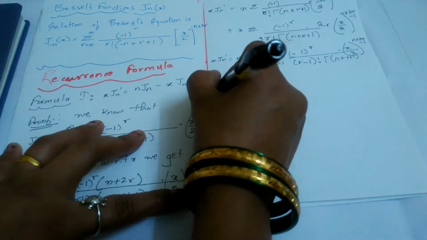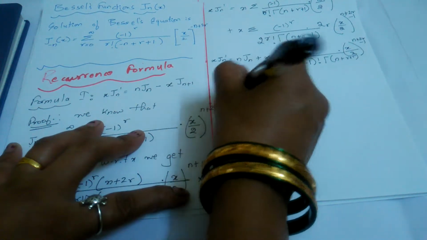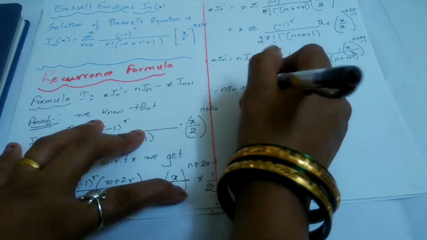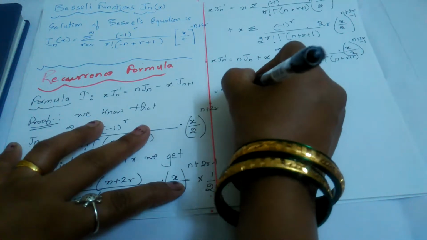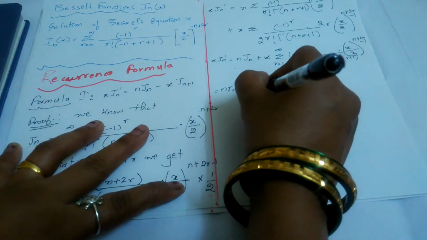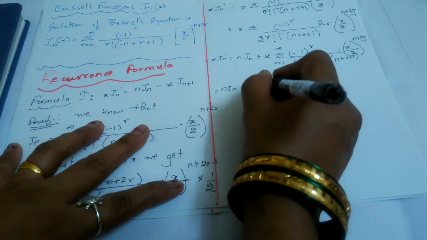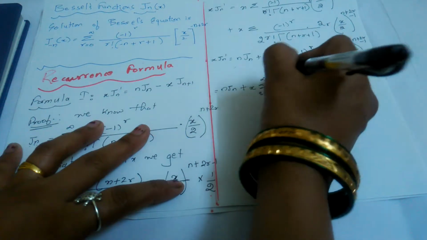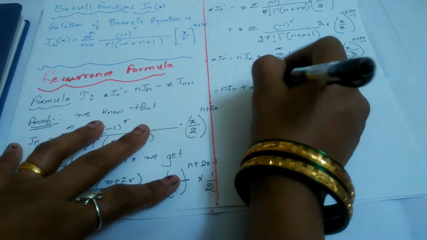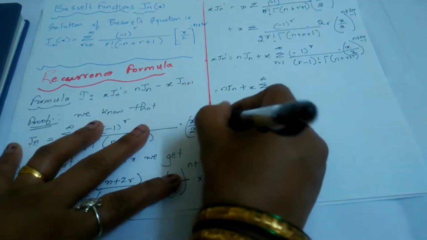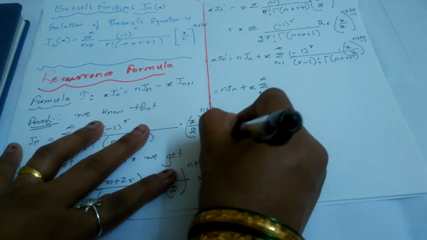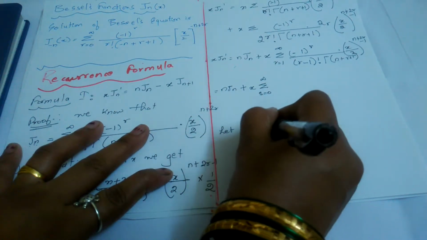Now again this term, J_n plus x, summation of s equals 0 to infinity. So here in this substitution, let r minus 1 equal s.